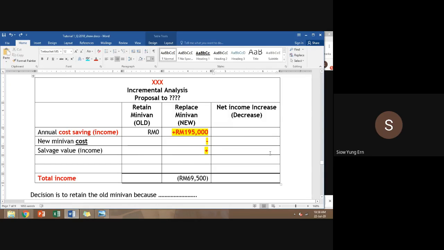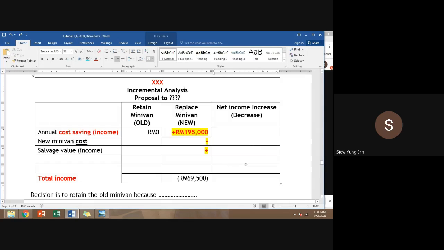Okay, new minivan cost. This is cost. Correct, negative, because from 0 it becomes 285,000. So net income decreases because this is cost. So cost is opposite direction. So negative 285,000.